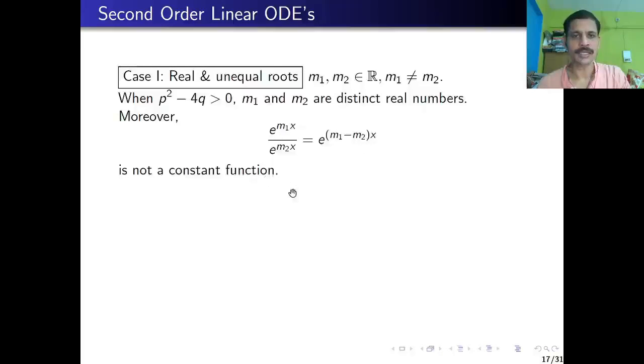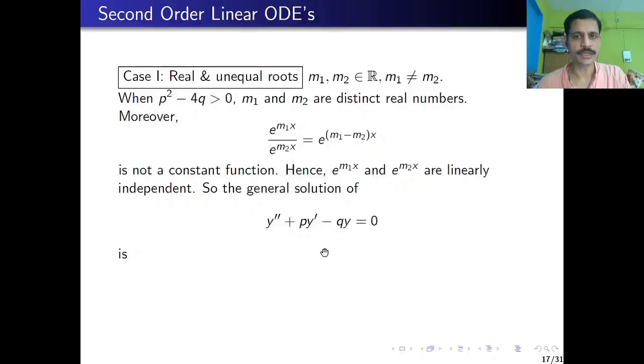In that case, one solution is e raised to m1x and the other solution is e raised to m2x of this differential equation, and the ratio of the two solutions is e raised to (m1 minus m2)x. It is clear that this is not a constant function, so the two solutions are linearly independent.